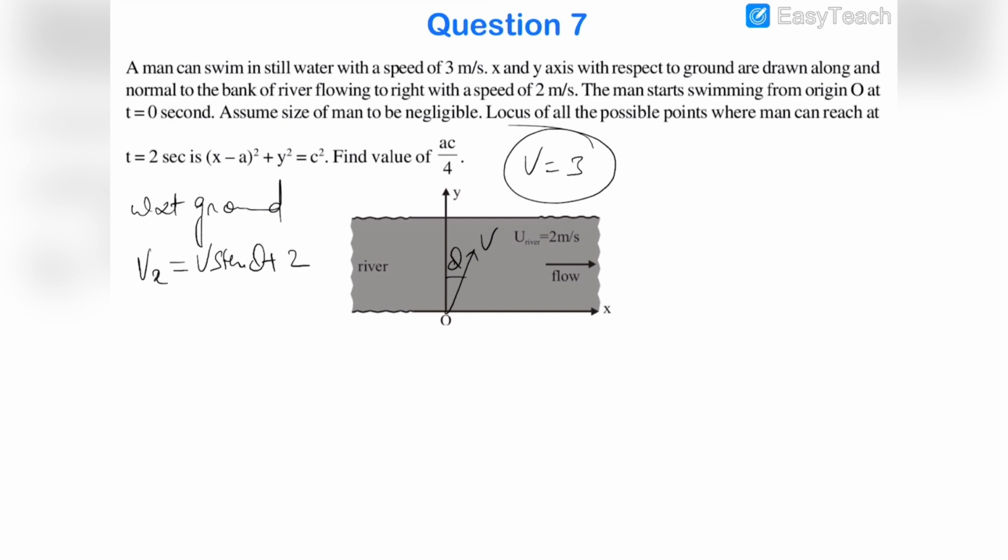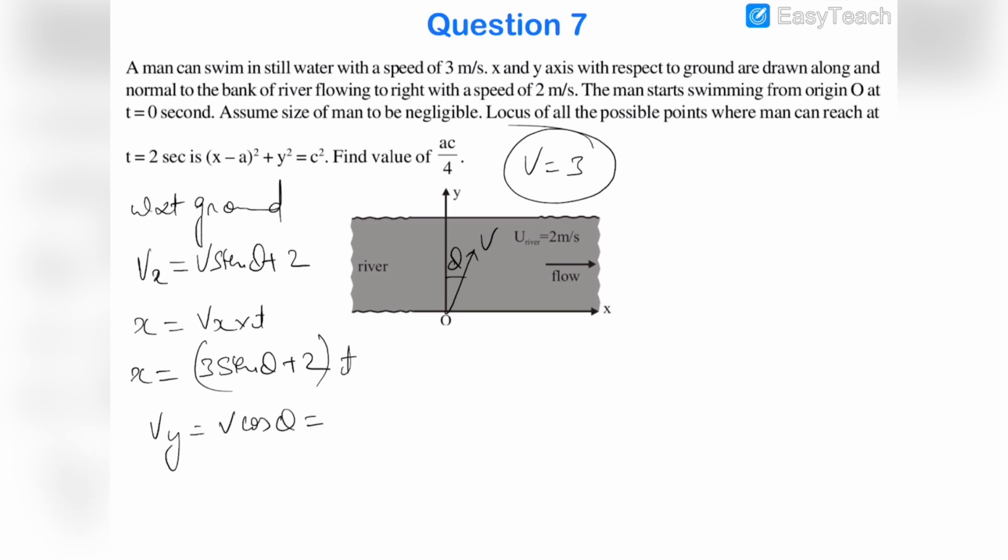And the x coordinate x would be equal to vx into t. So x would be equal to v sine theta, which is 3 sine theta, plus 2, into t. And in the y direction, vy is v cos theta, which is 3 cos theta, and this would be equal to y by t. So y will be equal to 3 cos theta into t.